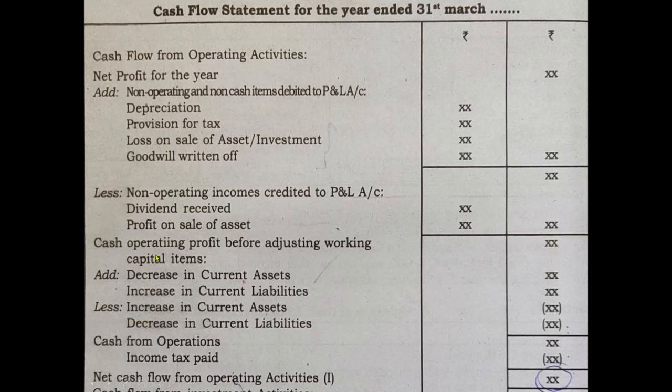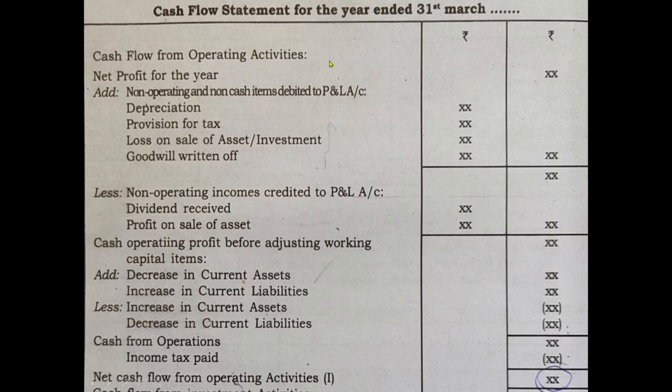That value is known as cash operating profit before adjusting working capital items. You may find it confusing, but remember, you need to write it like this: cash operating profit. Here is a correction, it's a spelling mistake. Cash operating profit before adjusting working capital items.